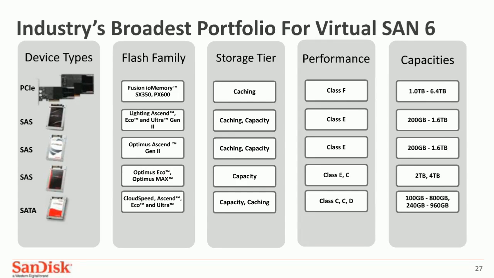And then for price performance, we have the SATA drive, and those go from anything from 100 gig to 2 terabytes today. So basically, all of those have been certified, and we work very closely with VMware, using the Virtual SAN test suite in-house at SanDisk to certify some of those products.